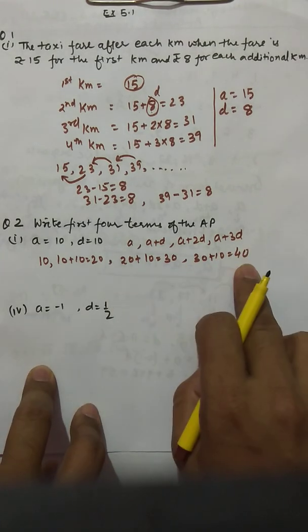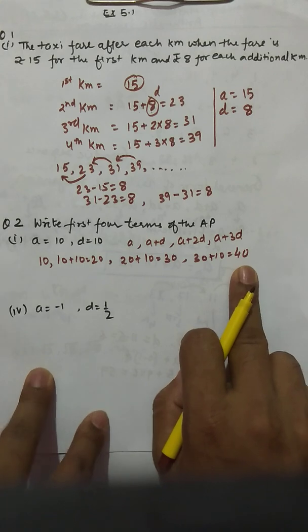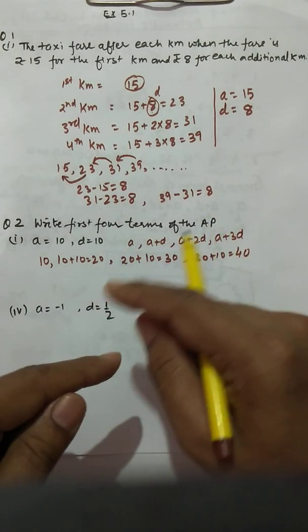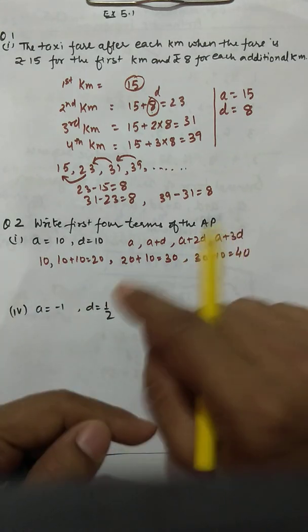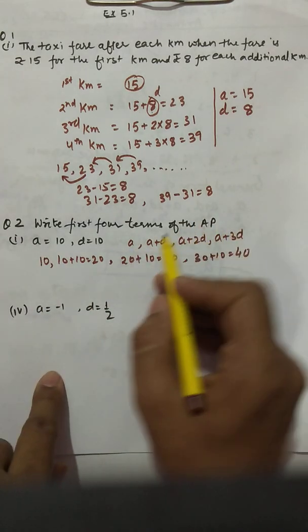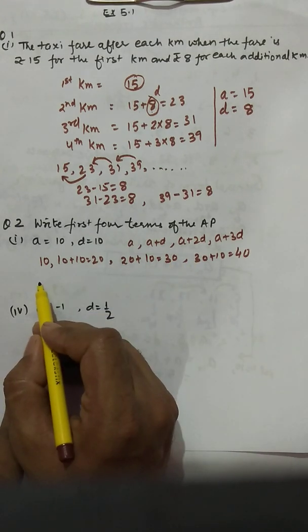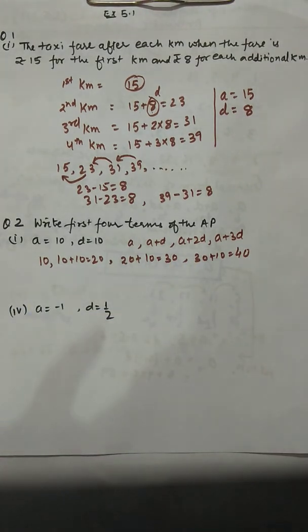This way you can find the terms: in every previous term I have added D and then I get the next term. You can use another way also, and I'm using a different color for it.